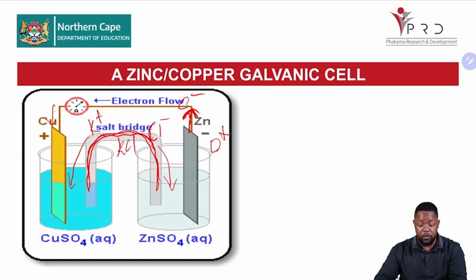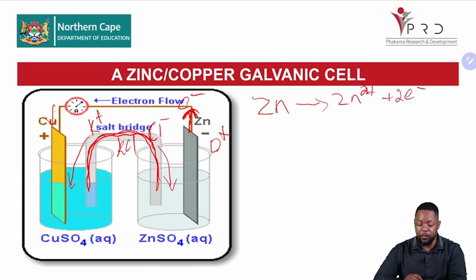Now, if we go back to the standard reduction potential table, we will see that zinc has a greater reducing ability than copper. Therefore, zinc will undergo oxidation.